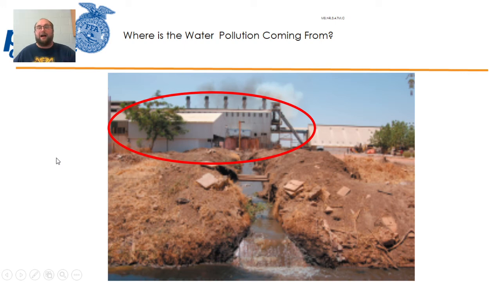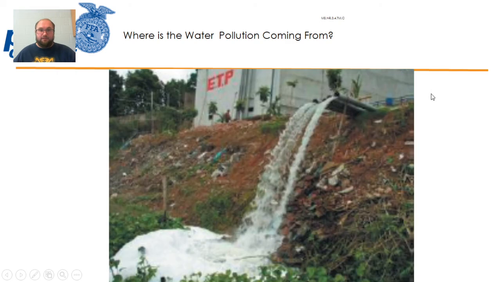Now, not all of this stuff is going to be highly toxic, but mistakes can happen, and extra amounts of this waste can wind up in our water supply, damaging the water quality for plants and animals. And then here we have, where is the pollution coming from? Well, it's coming from that pipe, which is connected to that factory.